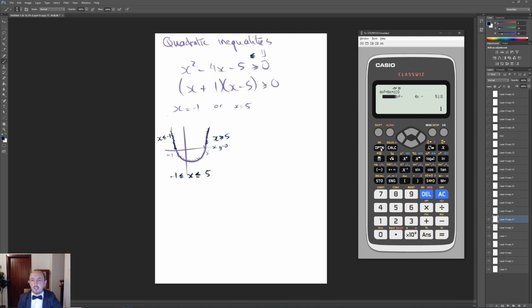If I switch the sign around and I have the less than or equal to, so that would be number 4, and I use the same values, you can see it has that as one single inequality like I have down here. Okay, so use your calculator to help you with quadratic inequalities, but obviously you can't just put the answer, you have to solve it, do a sketch, and then you can put the answer after that.